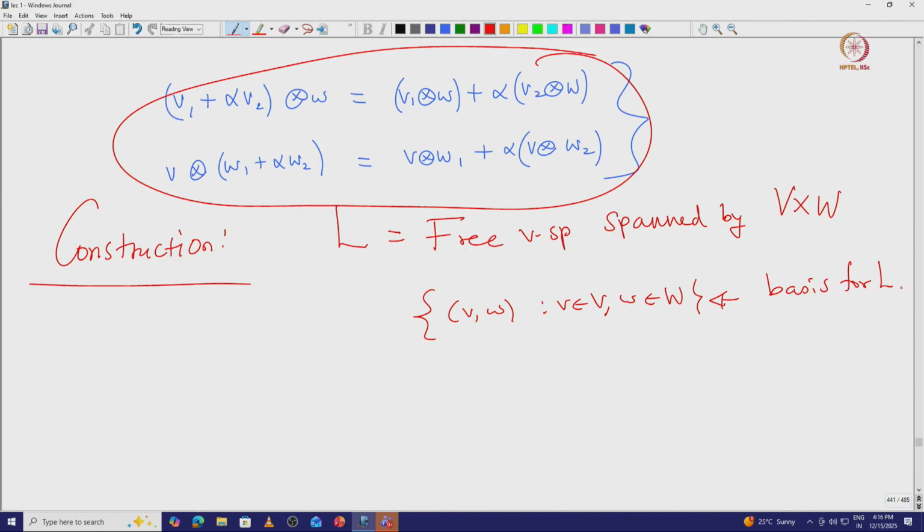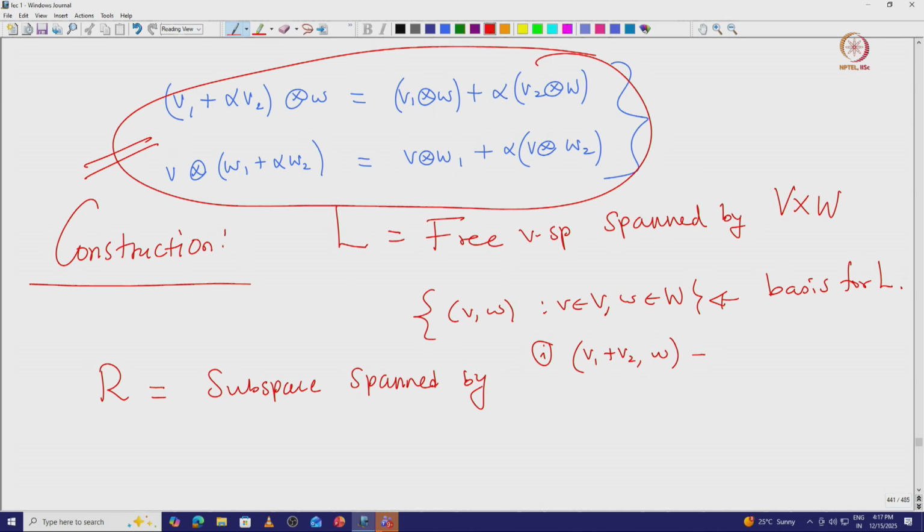And now what are all the relations? If we take these relations and translate them, R is going to be a subspace spanned by the following elements. Let me list it here. The first set of elements is (v1 + v2, w). So this is going to be equal to (v1, w) plus (v2, w).